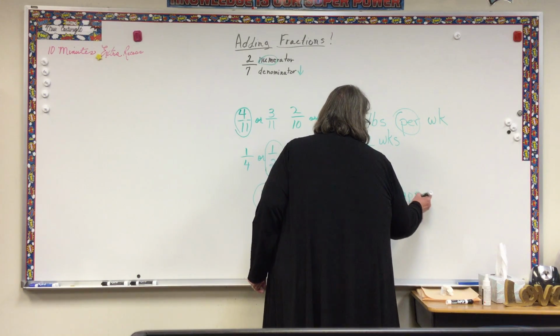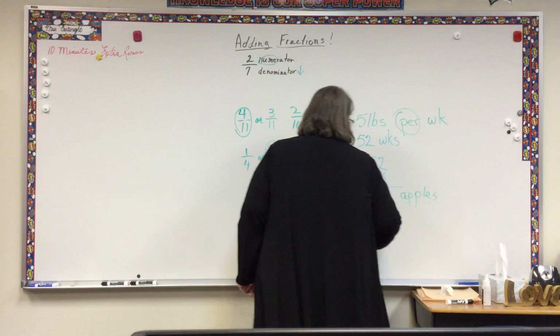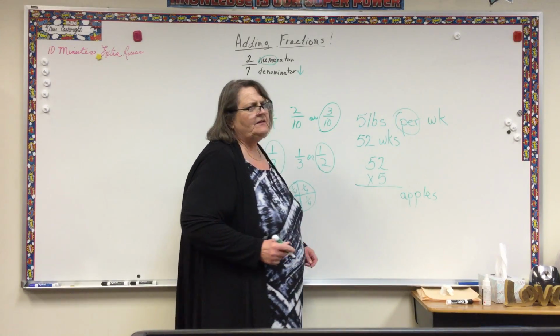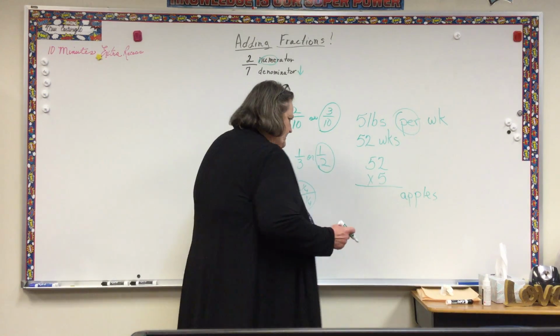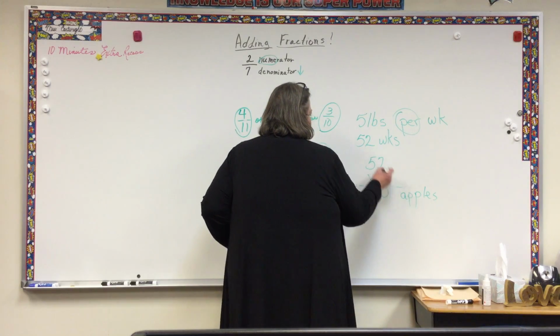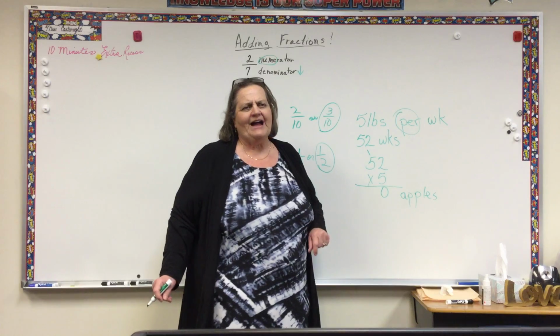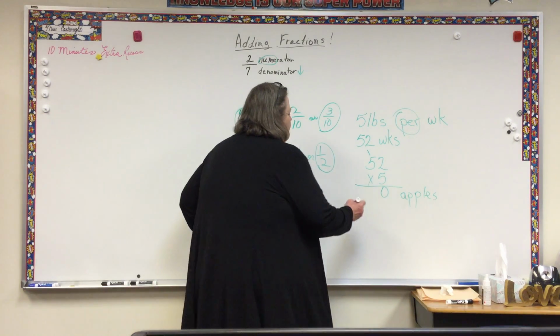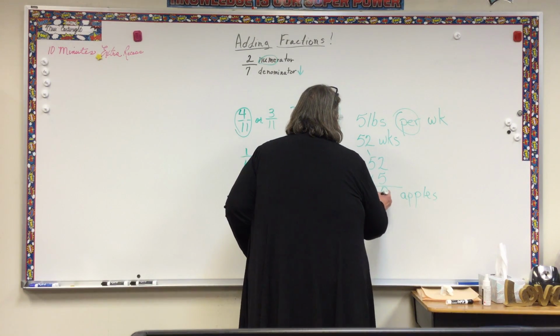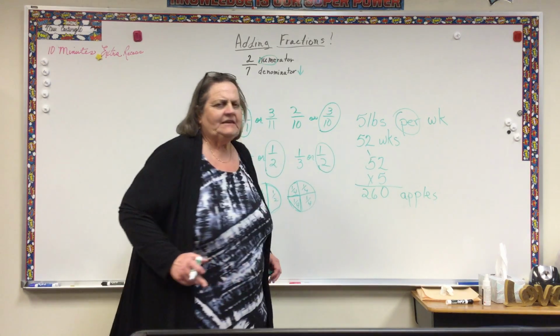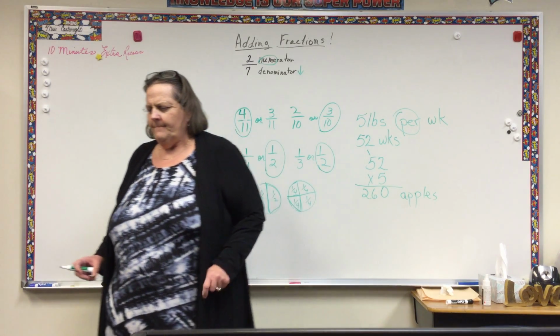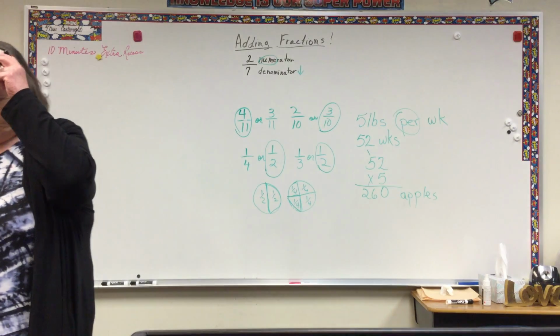So let's multiply this. 5 times 2 is 10. Put down my 0, carry my 1. 5 times 5 is 25, and one more is 26. 260 apples is your answer.